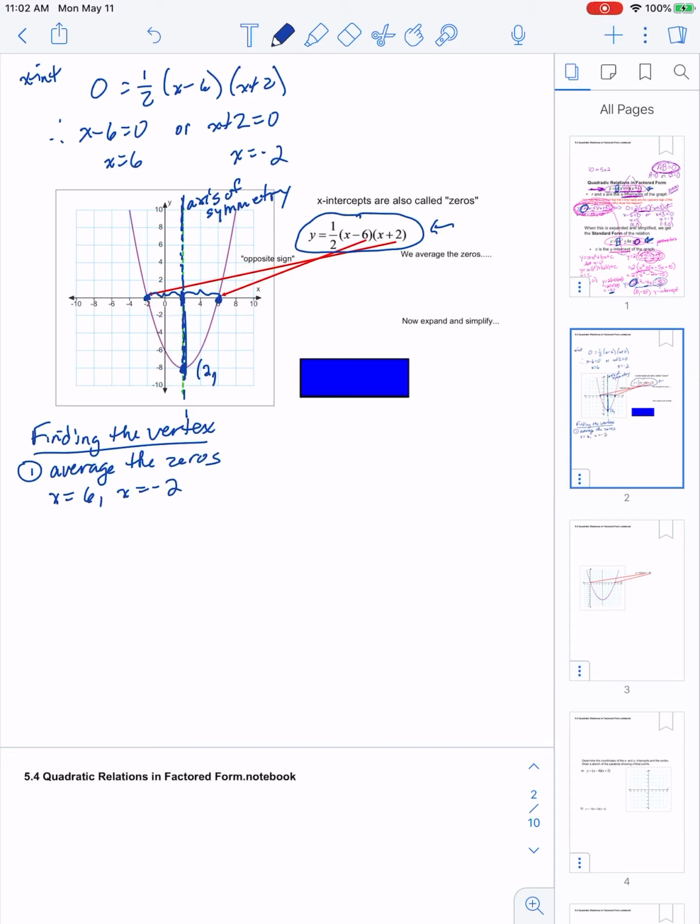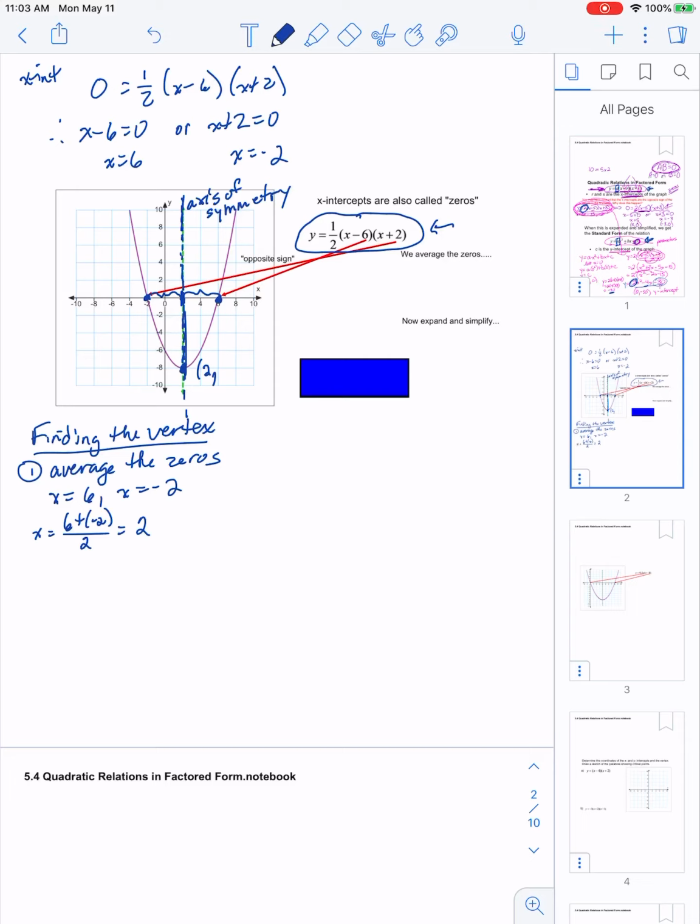So you want to average those, because the vertex is exactly in between your zeros, so it's in the middle. And to find the middle between two numbers, you average them. So you want to do 6 plus -2, or 6 minus 2, divided by 2. So 6 minus 2 is 4, divided by 2 is 2. And clearly we can see on the graph that that's at 2. So that is the x-coordinate of the vertex.